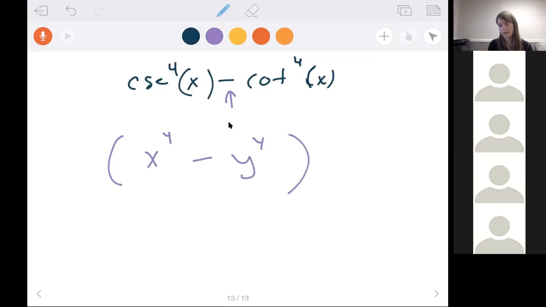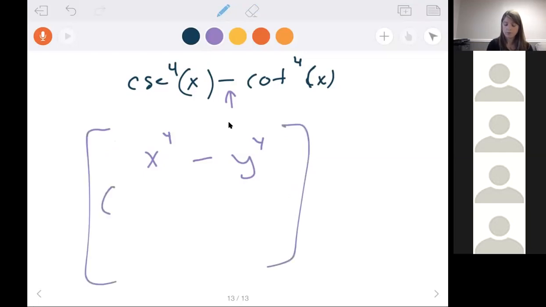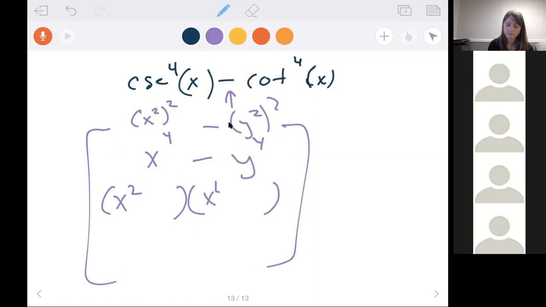You guys would probably feel comfortable saying this is a good factor with x squareds and y squareds. It's a difference of squares, x squared squared minus y squared squared. So you would do x squared plus y squared, x squared minus y squared. I like to do my minuses after.